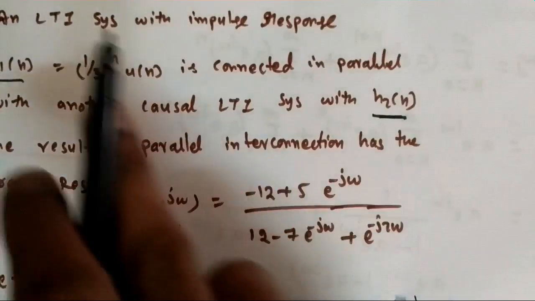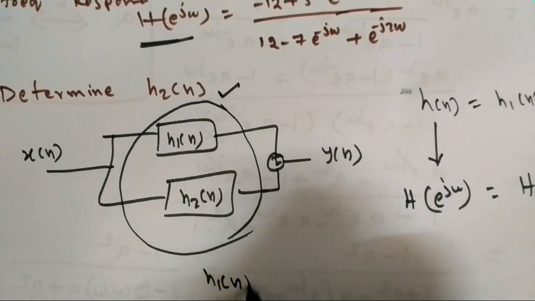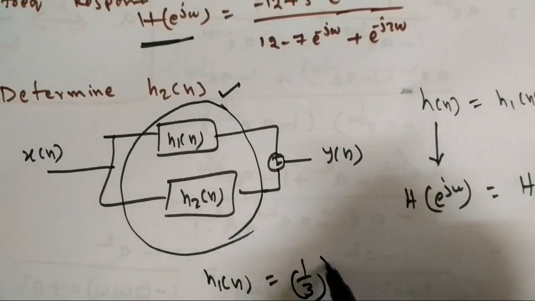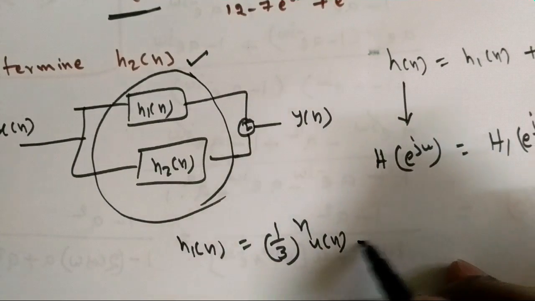Now H(e^jω) is given and h1[n] is given. Now we know h1[n] is equal to (1/3)^n u[n]. Right? So what is the Fourier transform of this function?